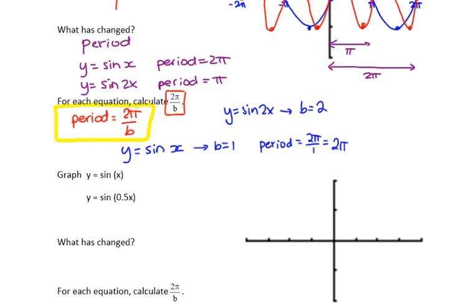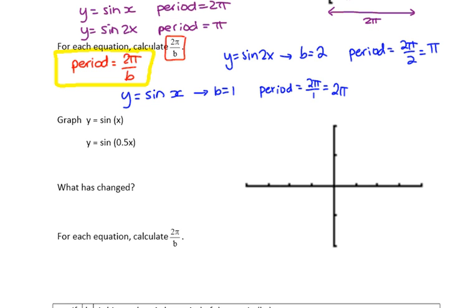So the period would be 2 pi divided by my b value of 2. And what is 2 pi divided by 2? 1 pi. And we can see that our period was pi for the graph y equals sine 2x. So the nice thing about the b value is, if we know it, we can calculate our period. You don't actually have to look at the graph. We could calculate it as well.